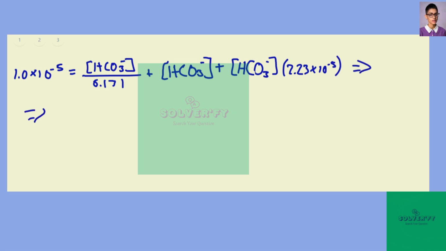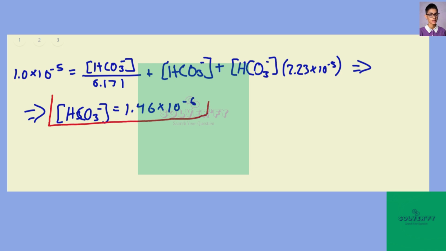So we can solve this equation by adding up the HCO3 values and then dividing what we obtain into 1.0 times 10 to the minus fifth, and we get a value of 1.46 times 10 to the minus 6. So this is our first value that we're asked to find.